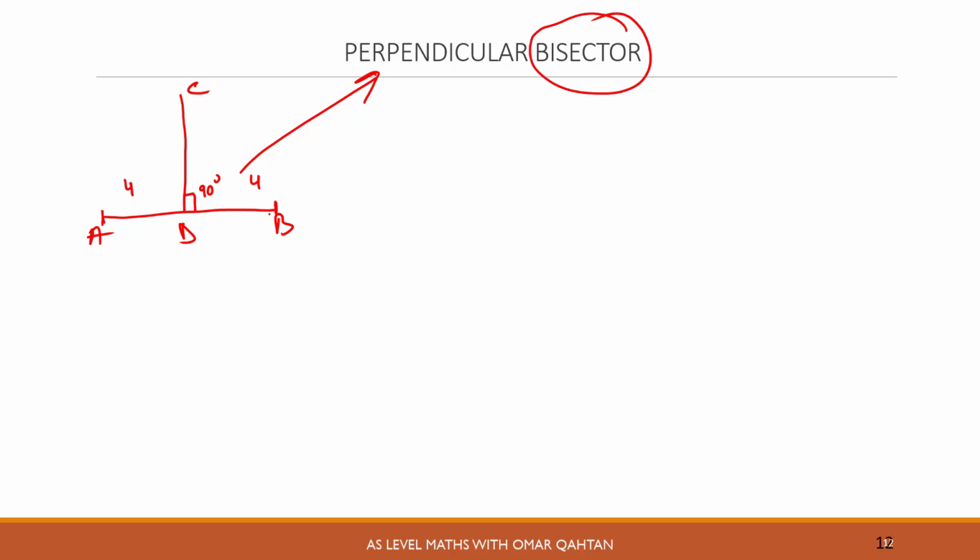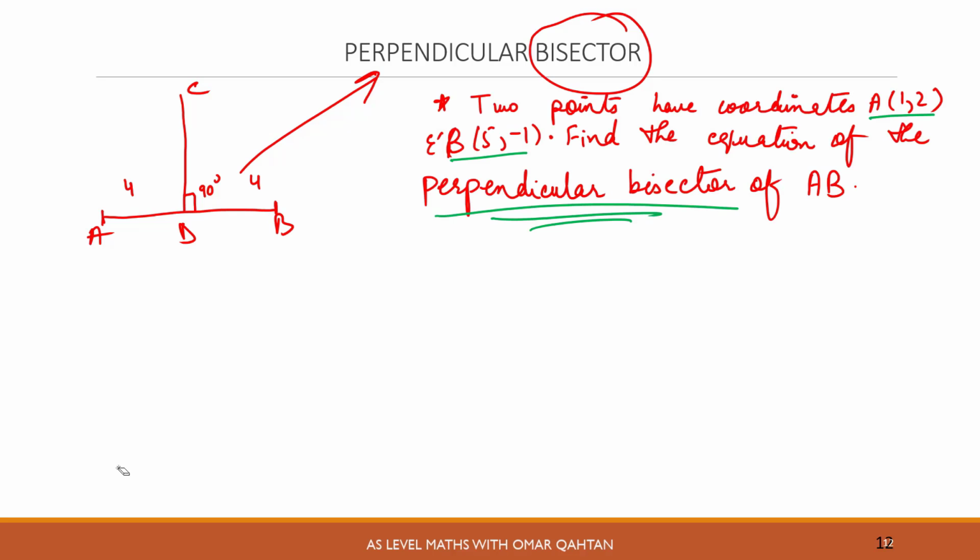Now we have to see how do we actually find out the equation for the perpendicular bisector. Let's take a question. Alright, let's draw a diagram first. We've been given with the AB. We have to look for a line which is bisecting this line AB, and this should be the midpoint.